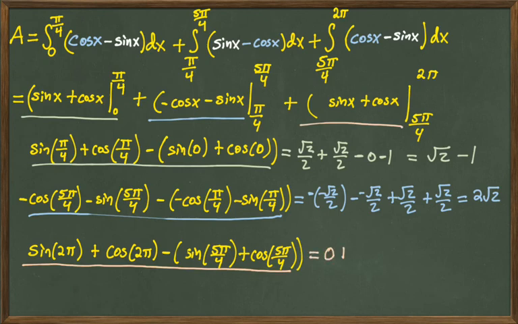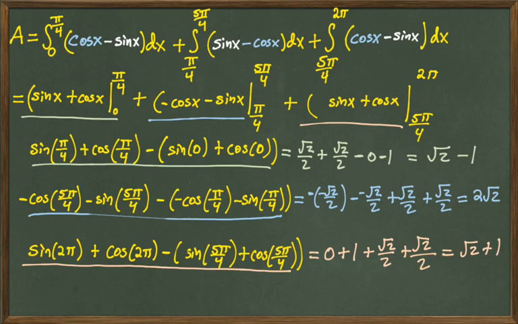The cosine of 2 pi is 1. Okay, and then both the sine and the cosine are going to be negative root 2 over 2, and then we're going to apply that minus sign to it, so it's going to make them positive. So they'll both be positive root 2 over 2. So that's going to be root 2 plus 1.